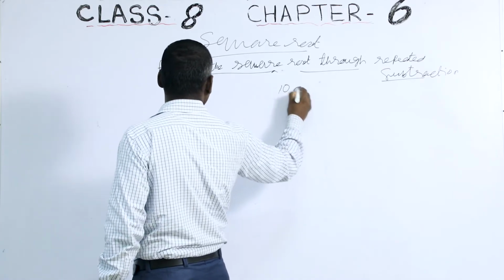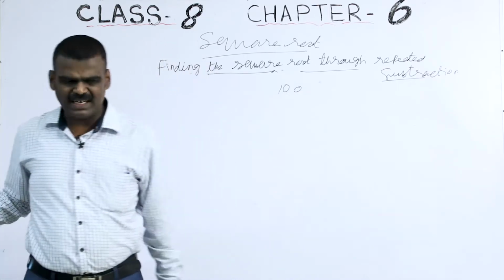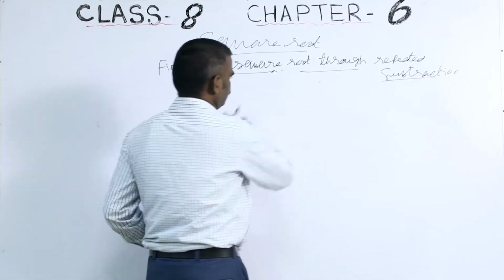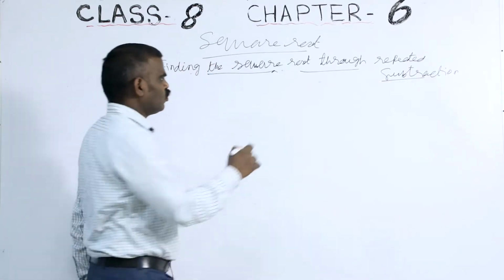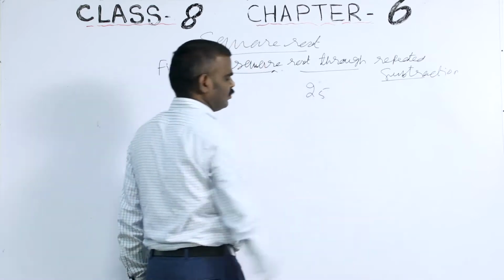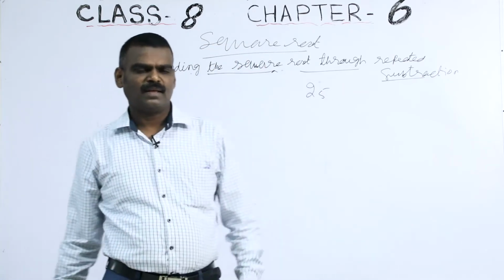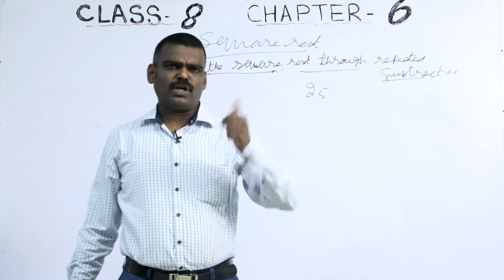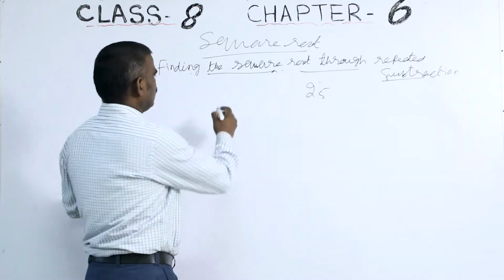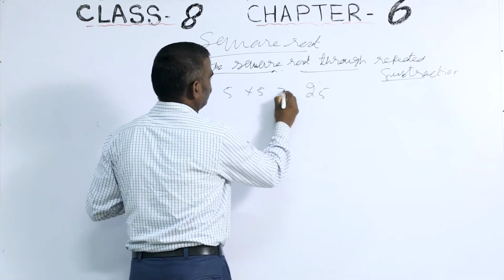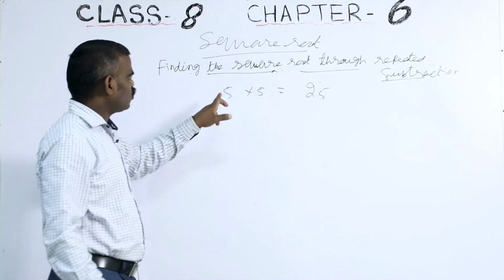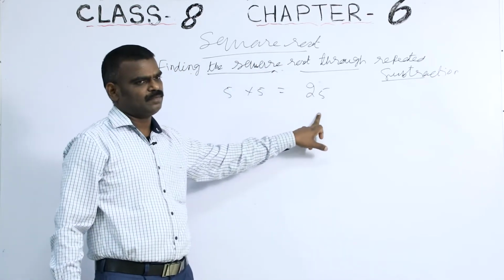For example 100, or let us first go to a small number, 25. What number multiplied 2 times gives 25? 5 into 5 is equal to 25, right? So the square of 5 is 25.